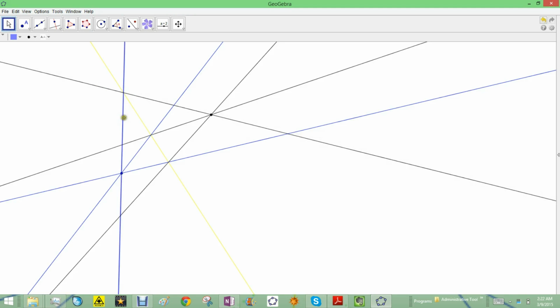So one blue line from here, one black line through here, and they're gonna meet at a specific place on the yellow line. So in a way, this particular corresponding pair of lines is going to match up with a particular member of the range of this axis of perspectivity.